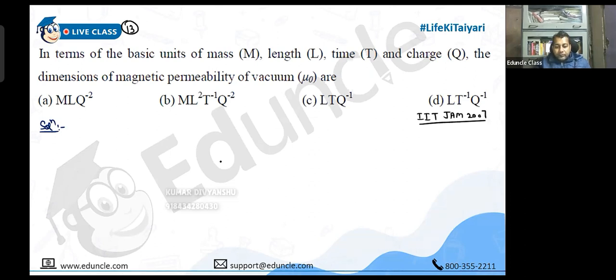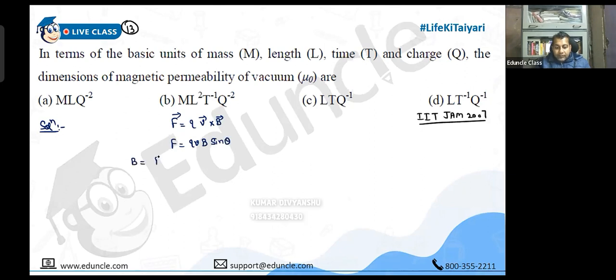Magnetic permeability of vacuum. See, force is q v cross B, so F is q v B sin theta.